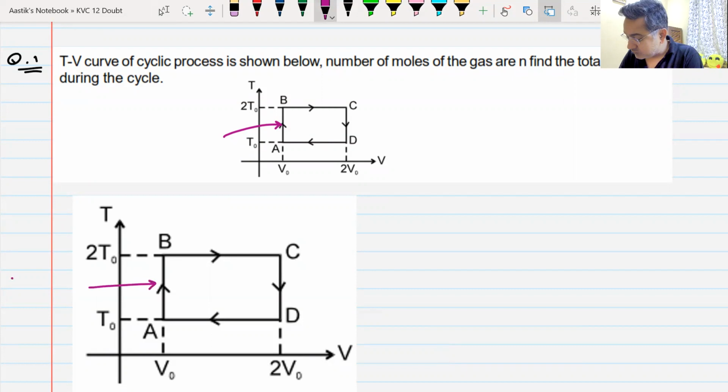What is the work done in an isochoric process, beta? Constant volume. Yes. Have you ever heard about an isochoric process? What happens in an isochoric process? You can see it.